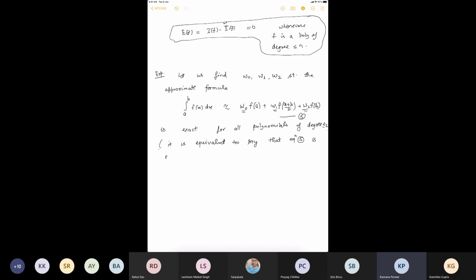This is exact for, okay, so we want this rule 5 to be exact for the polynomials of degree less than or equal to 2. Any general polynomial of degree less than or equal to 2.